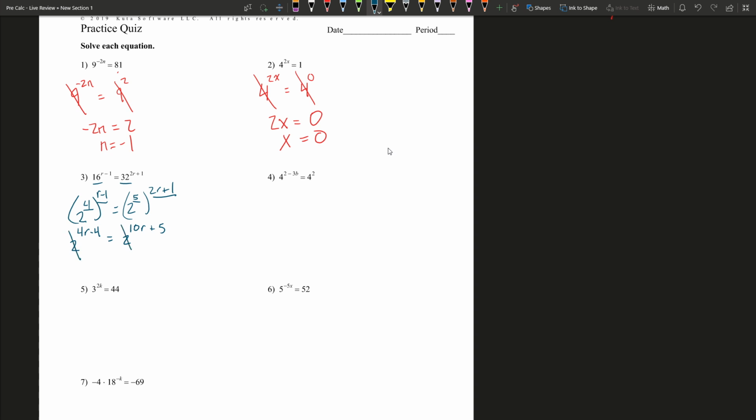So 4r minus 4 will equal 10r plus 5, and then we can just solve that using algebra. If I subtract 10r from both sides, we get negative 6r, and then add 4. So negative 6r is equal to 9. R is equal to negative 9 over 6.